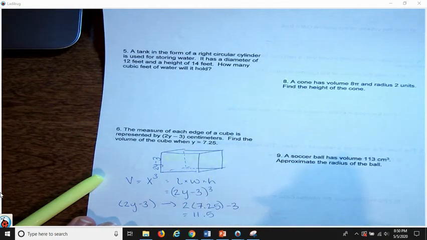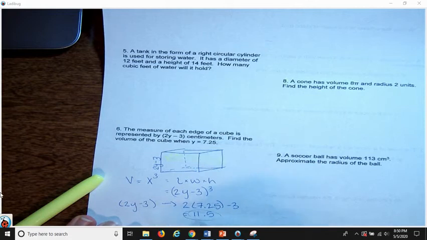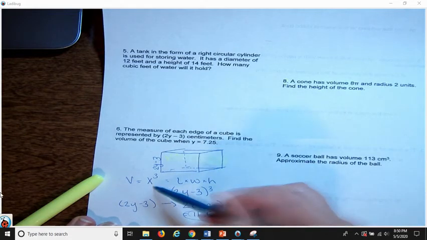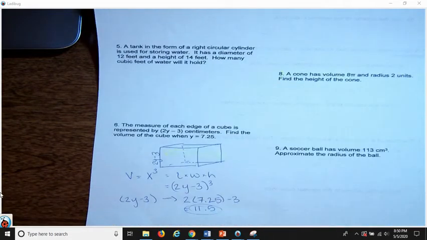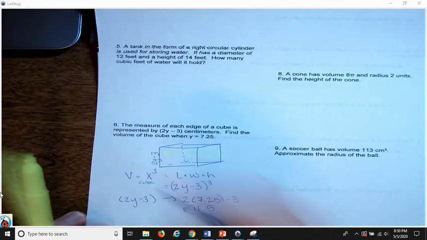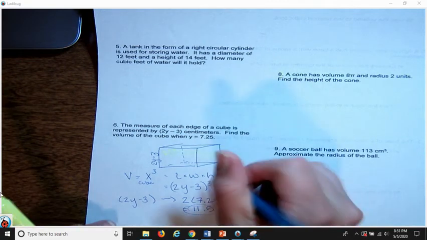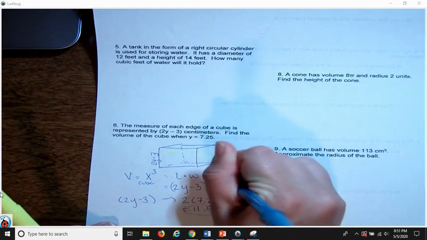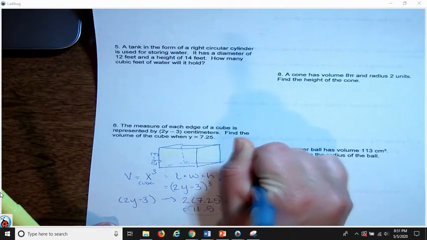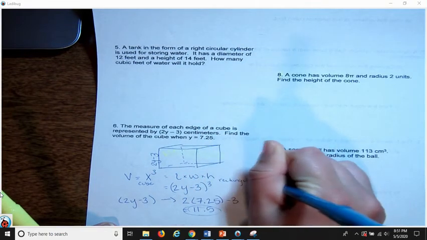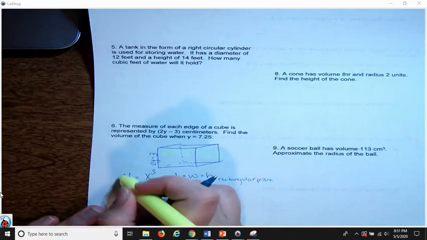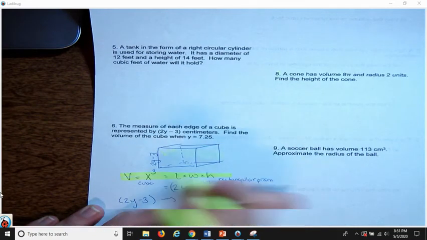Now I can take this value and I can sub it into my volume formula. Okay, so this is volume for a cube here, where x is the length of one of the sides, and this is for a rectangular prism. Okay, so these are the important formulas that you need for these notes.